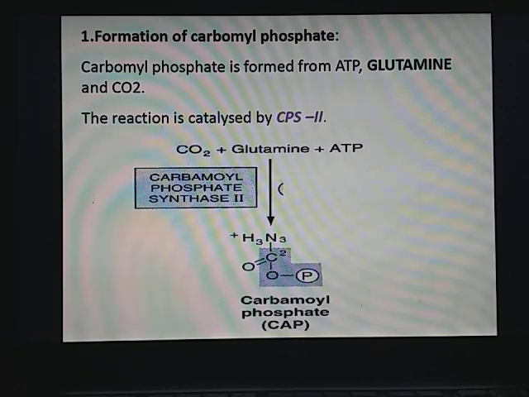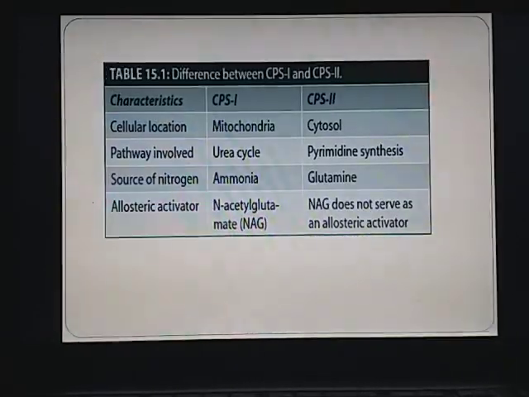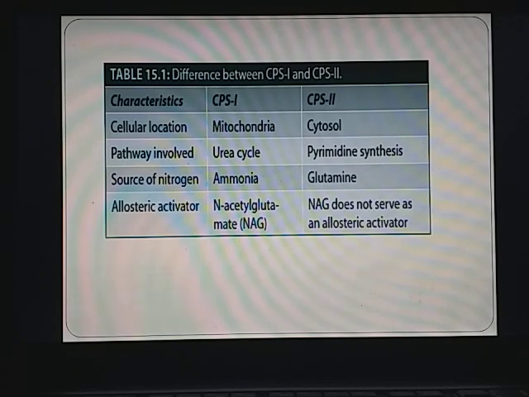Synthetase 1 requires ammonia as a nitrogen source, but synthetase 2 requires glutamine as a nitrogen source. So these are the few important differences between the two enzymes. Here is the chart, in tabular form.